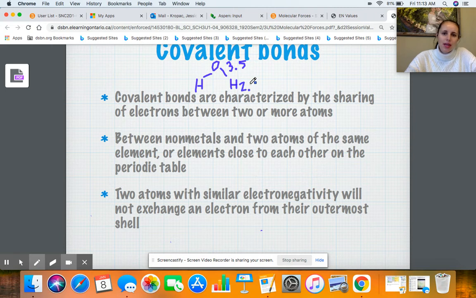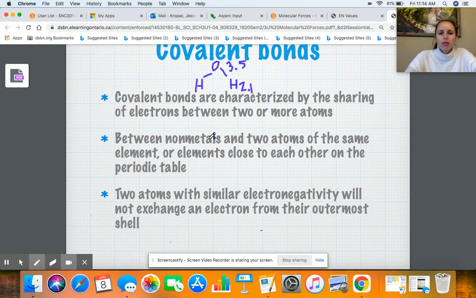So the electrons are wanting to spend slightly more time with oxygen, but the difference here isn't big enough to actually have oxygen steal hydrogen's electrons. So instead it just shares the electrons. In this case, it's unequal sharing. I'll talk about that a little bit more later, but a covalent bond is characterized by the sharing of electrons, not the stealing of electrons.